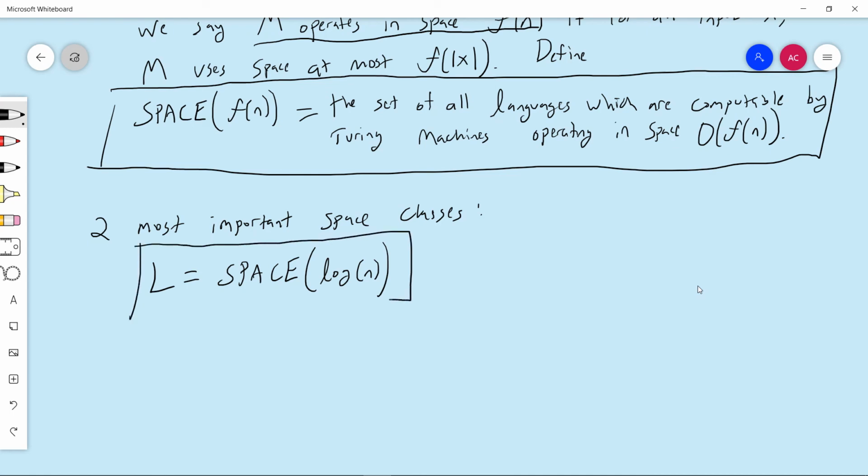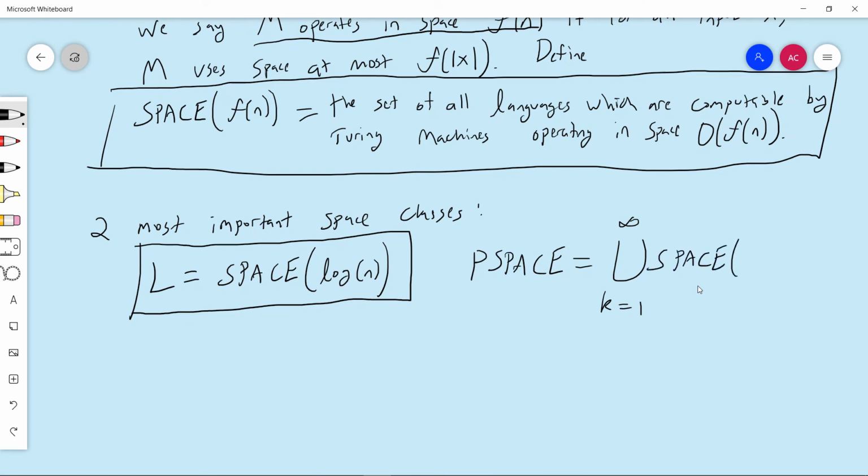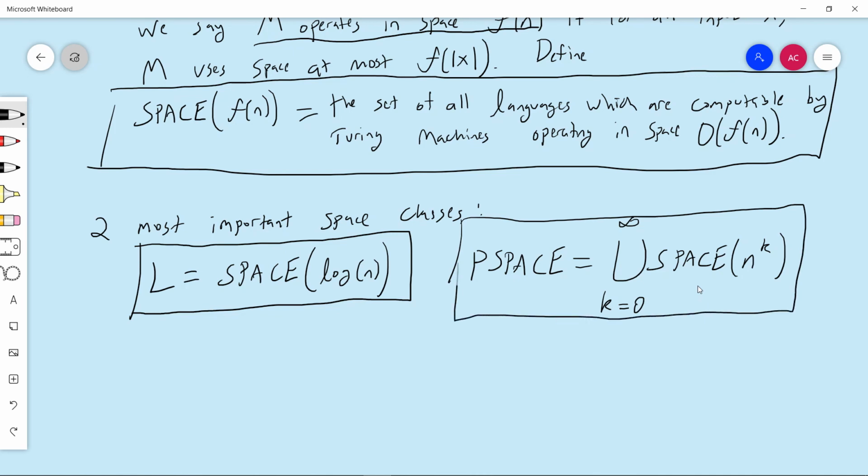Log space is actually going to be pretty important for us, arguably the most. And then we've also got PSPACE, which is exactly what it sounds like. It's P, but for space. Union k equals 0 to infinity of space n to the k. I started with 0 for time for P, so let's make this 0. These are the two most important space classes.